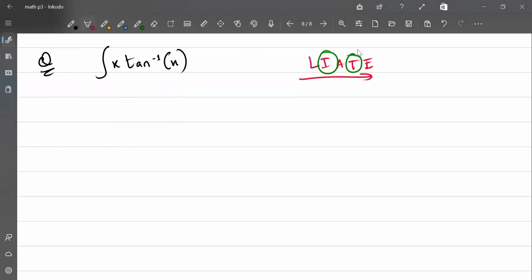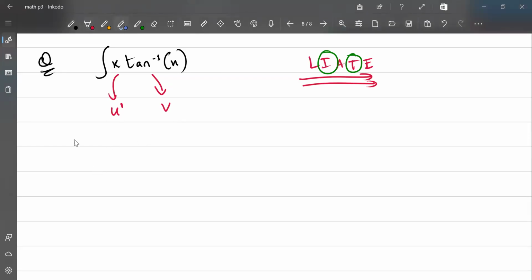So tan inverse would be v, and the next term, the algebraic function, will be u dash. Sorry for the confusion here. The first term in the LIATE order is v, and the next is u dash. I hope this is clear.